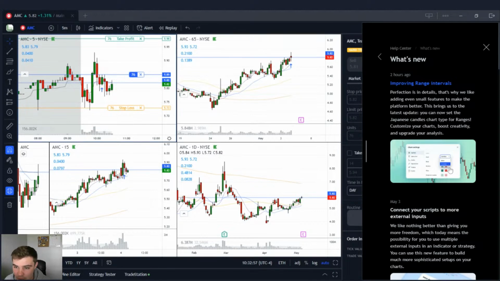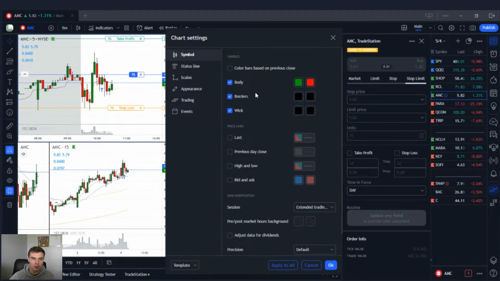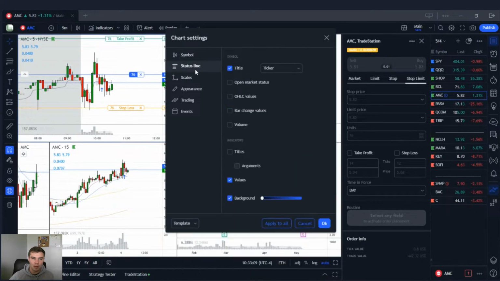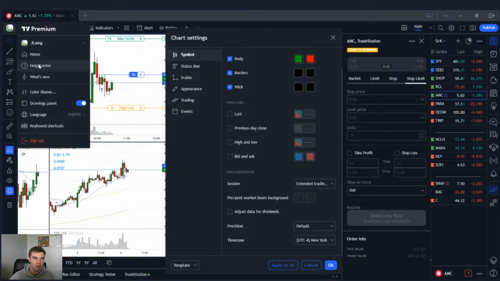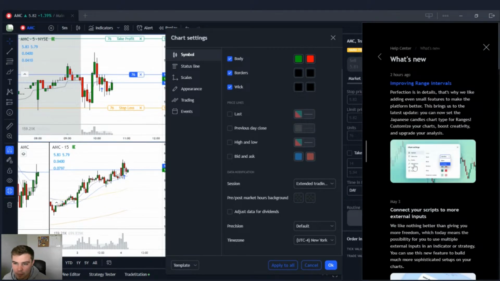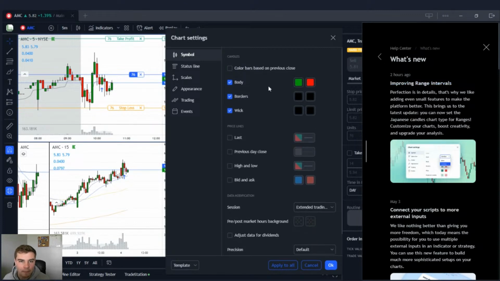So appearance. Candles, bars. I'm not seeing it anywhere. Am I just blind? It should be right up here. You guys see what I'm looking at? Let me pull it up. Candle bars. I don't know what they're talking about.